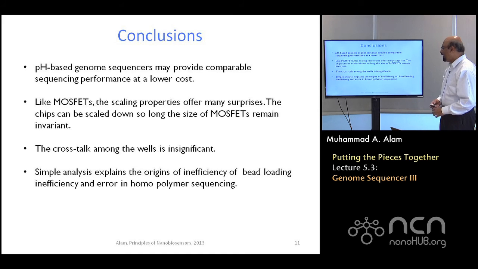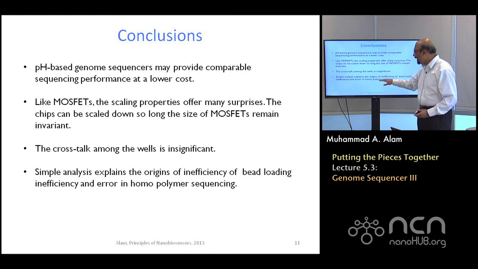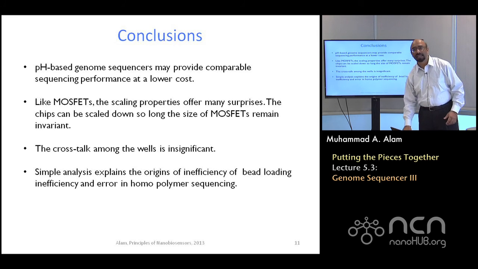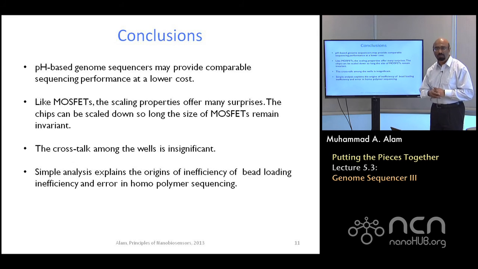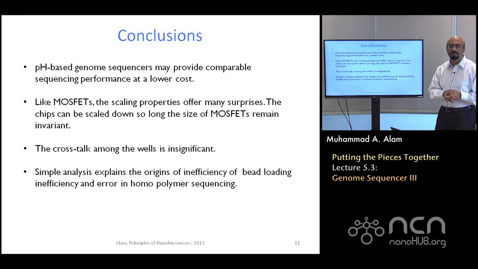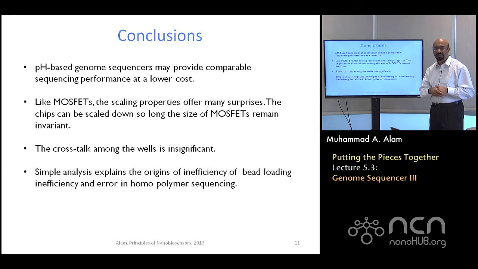Right? And I tried to explain why bead loading efficiency is so bad. If you want to have 4 unloaded wells next to every loaded well, then you can see the bead loading efficiency cannot be more than 20%. If you are somewhat less restrictive, then it can be up to 36%.